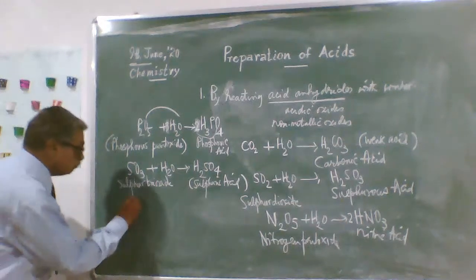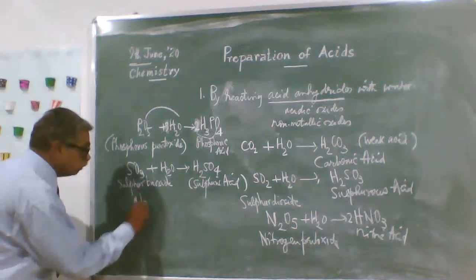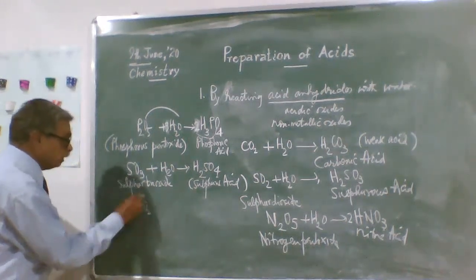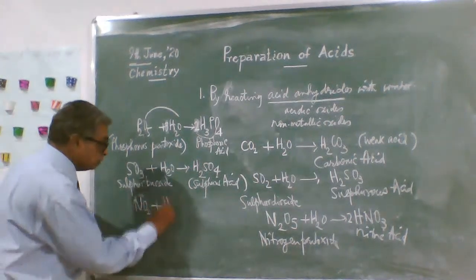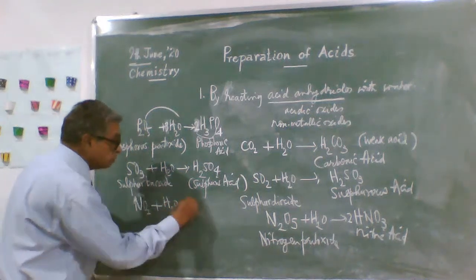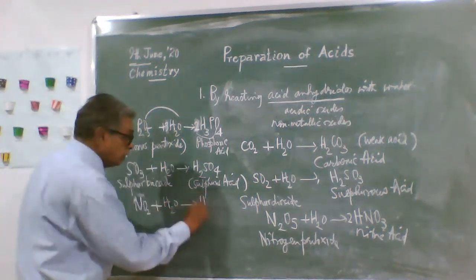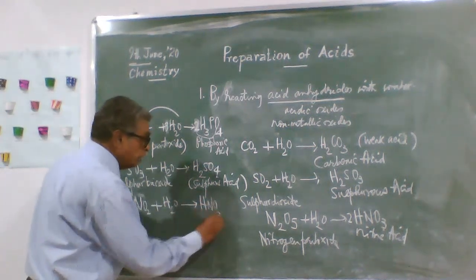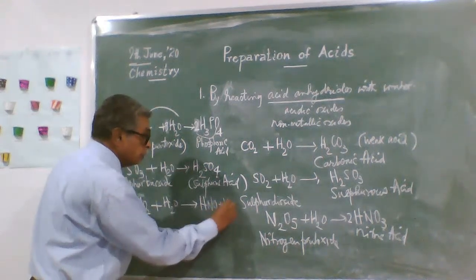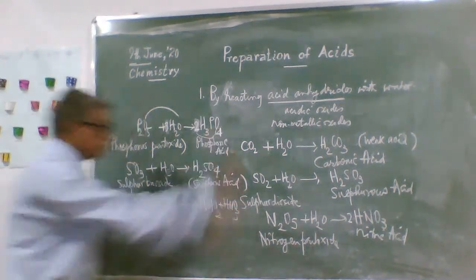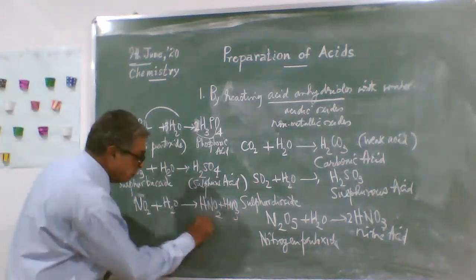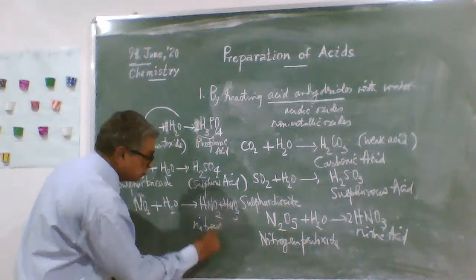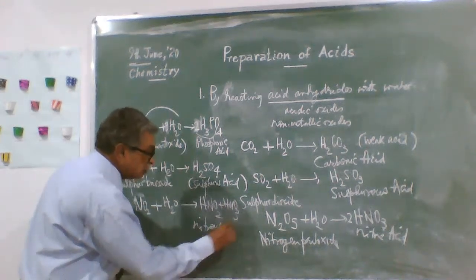Another one, you may ask why not NO2? Why not nitrogen dioxide? Nitrogen dioxide also dissolves in water. Only thing is it produces a mixture of two acids, HNO2 and HNO3. This is nitrous acid, and this is nitric acid.